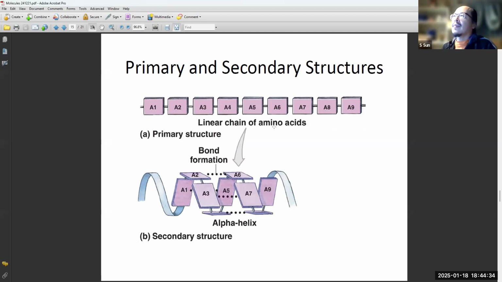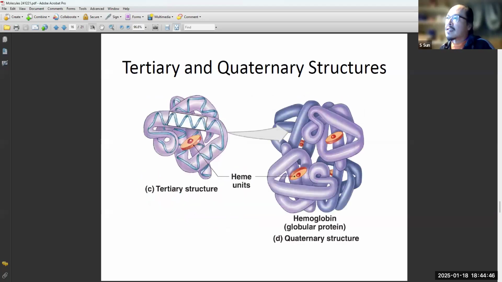You got one chain, fold it, twist it, become a coil. We call it alpha helix. So that's secondary structure. You can have a secondary structure become tertiary structure, become a ball. So that's tertiary structure. You can have a tertiary structure become quaternary structure. To make a quaternary structure, it's not just one chain.